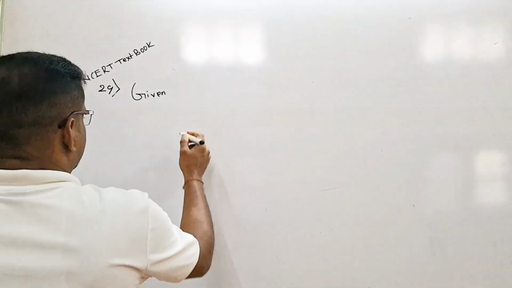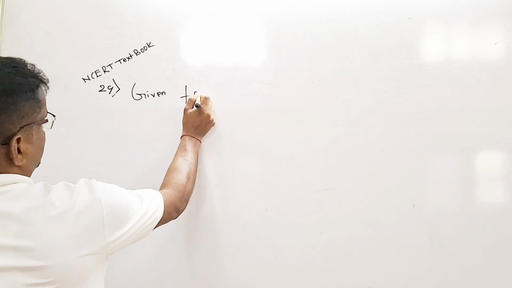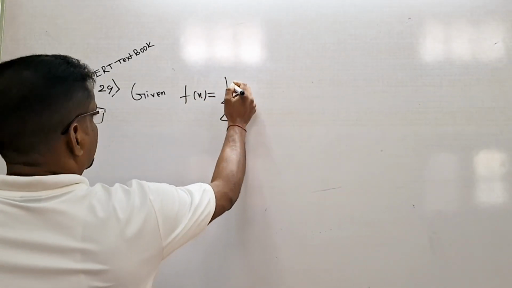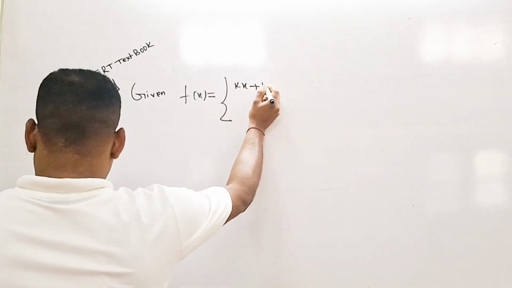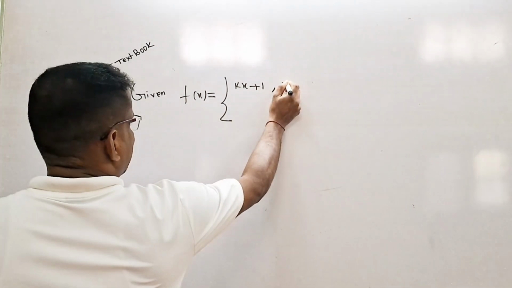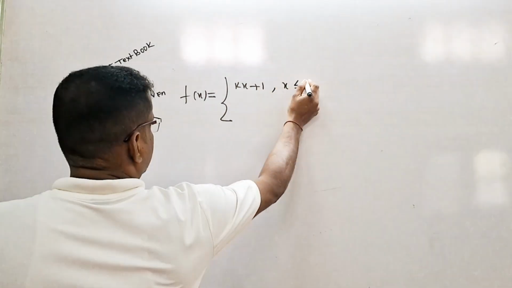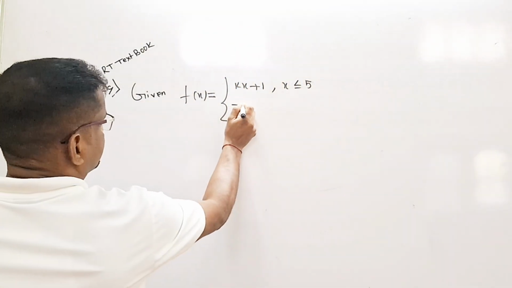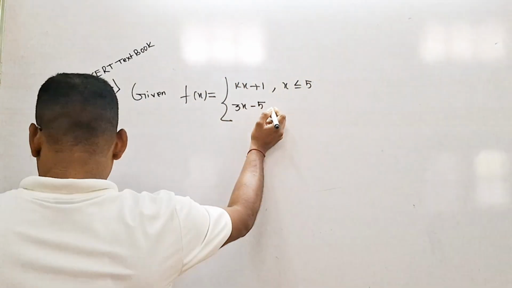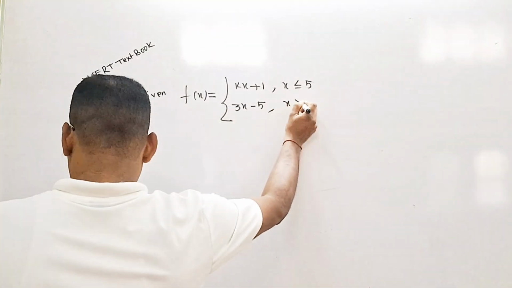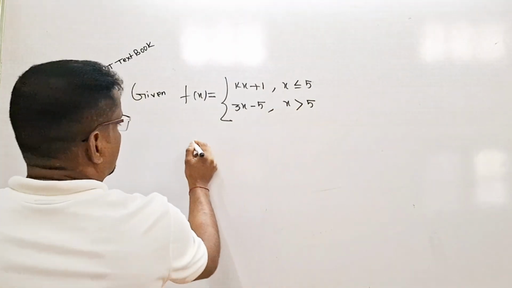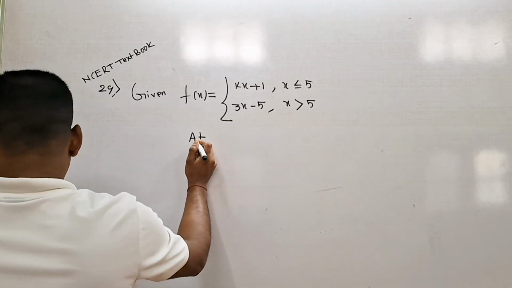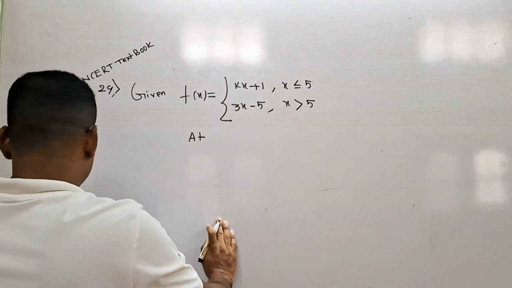In this question it is given 29, f(x), this time the function is given this way: kx plus 1 when x is less than or equal to 5, and 3x minus 5 when x is greater than 5. It is asked to check the continuity, or you have to find out the values of k.